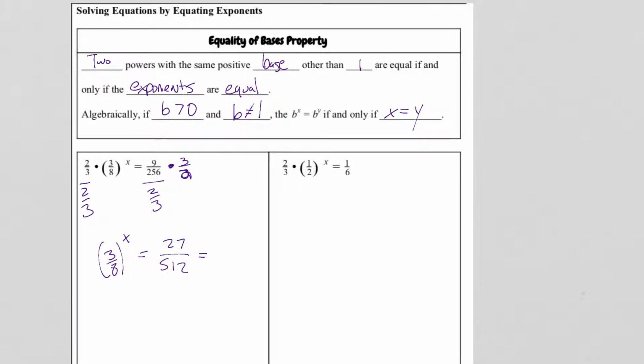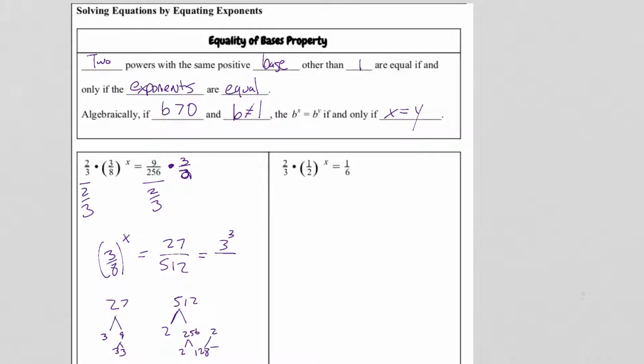So hopefully you can recognize, basically you've got to take the factors of 27 and the factors of 512. 27 is 3 and 9, which is 3 and 3. So 27 is 3 to the 3rd. 512, if it ends in a 2, it's divisible by 2. So 2 and 256. Then 2 and 128.